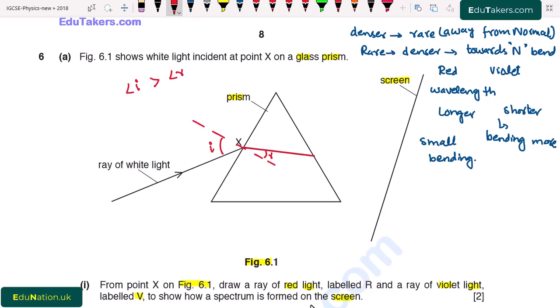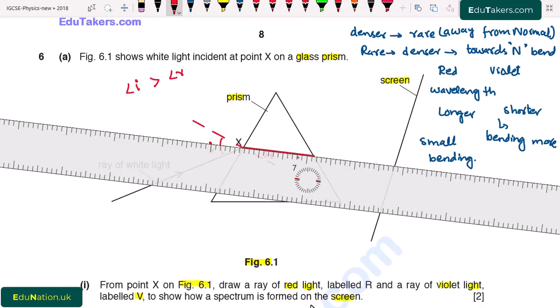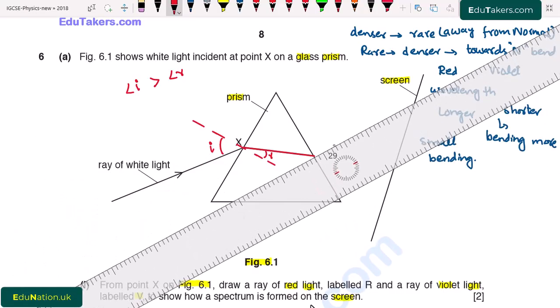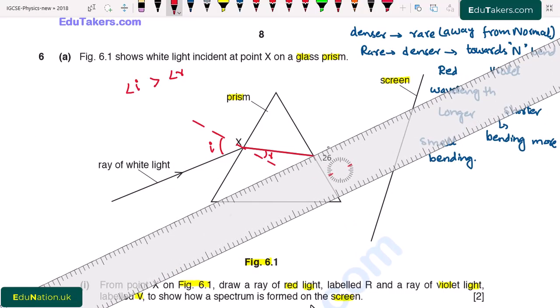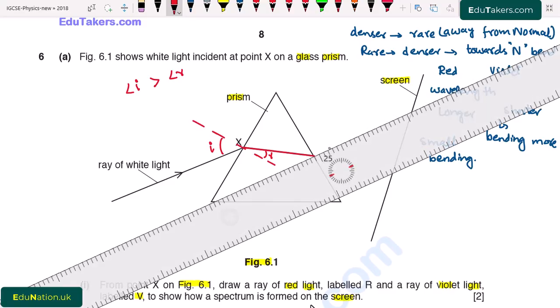Now in order to draw its path out of the prism, I again use the normal ray here. It is the normal ray to this surface.